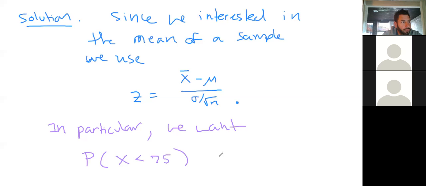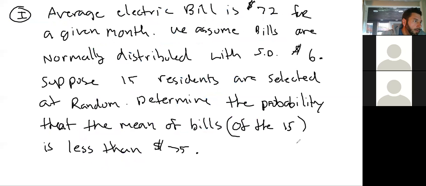So we want to compute this. Right, so if I go to the previous page, that's what we're asked to compute, the probability that the bill is less than $75.